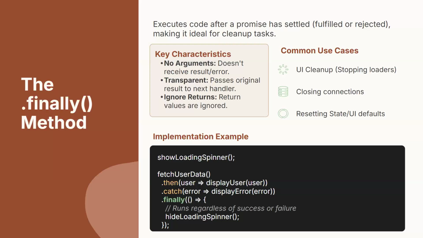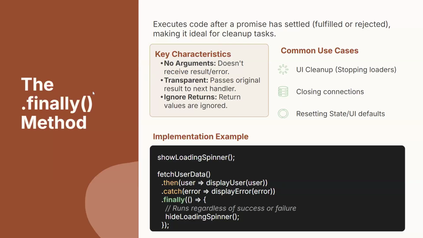Some use cases involve UI cleanup, like stopping the buffering indicator once the video has been loaded, closing database connections once the user is logged out, or resetting UI states to their defaults.